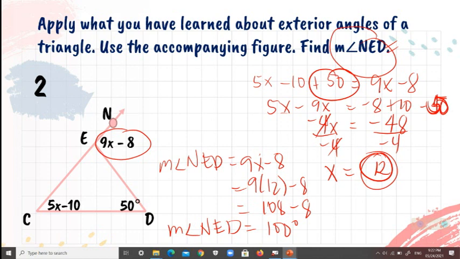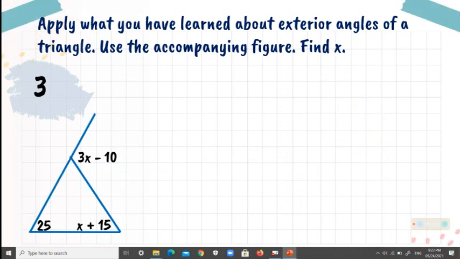Okay, question? Next, let's have number 3. You will just have find x. Okay? So for you to solve this, you will have 3x minus 10 equals x plus 15 plus 25.